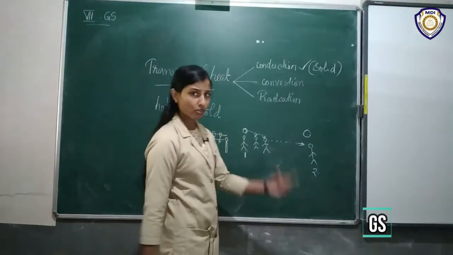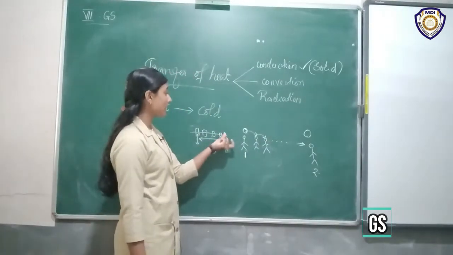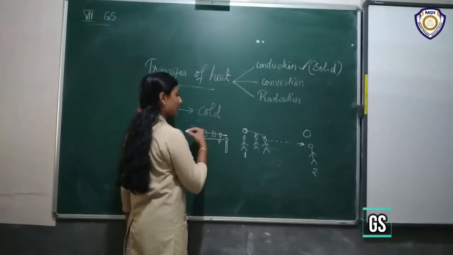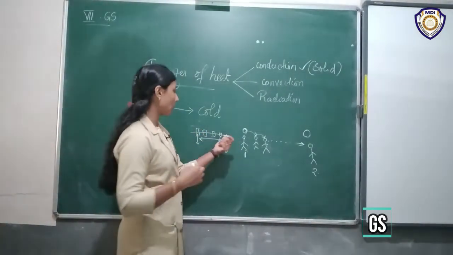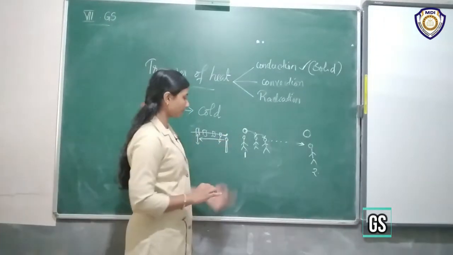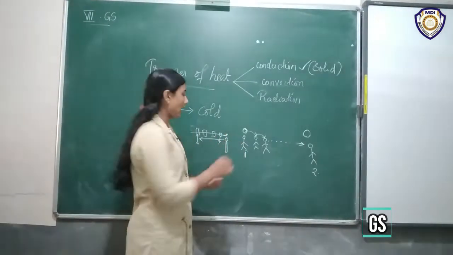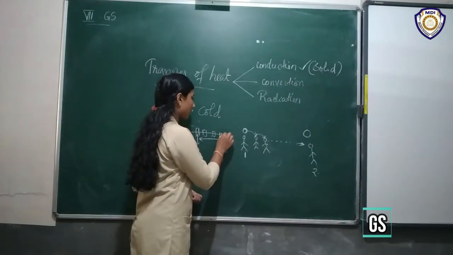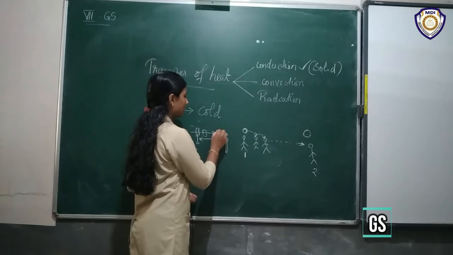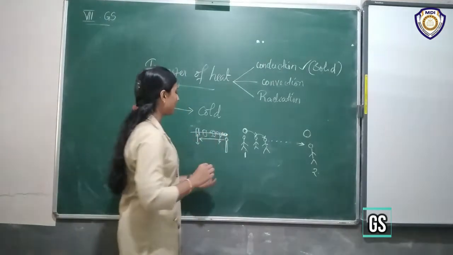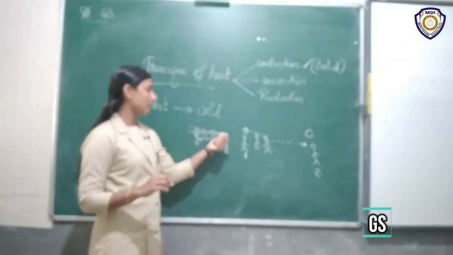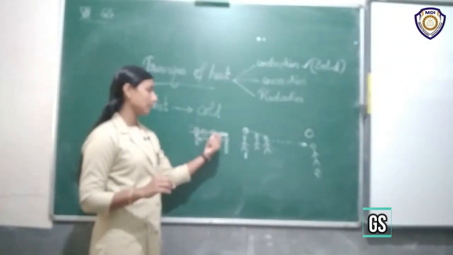Okay. So like that, in the iron rod, the metal has particles, and this particle will heat up first, and this heat will be given to another particle, and it will be given to another, and then to another, and like that the heat will be exchanged from one particle to another.